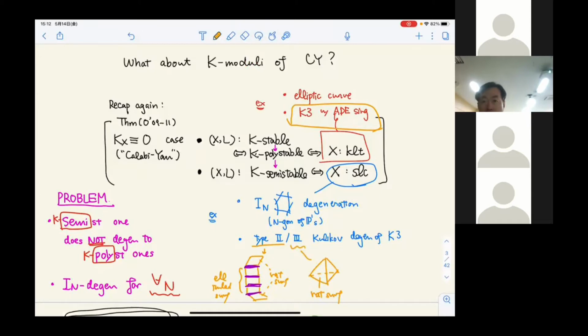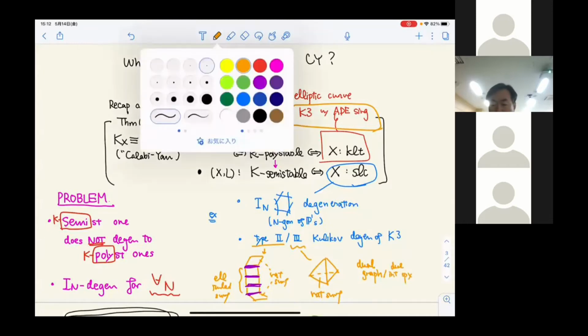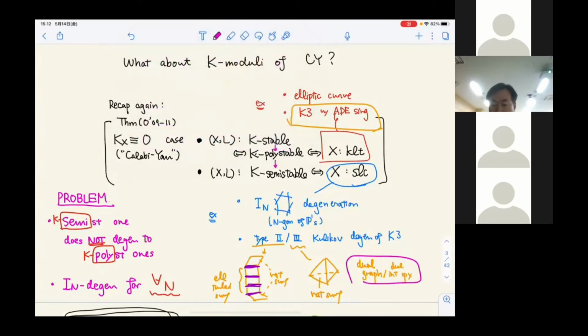Yes, and if you consider the dual graph, or dual intersection complex of it, then this becomes S2.